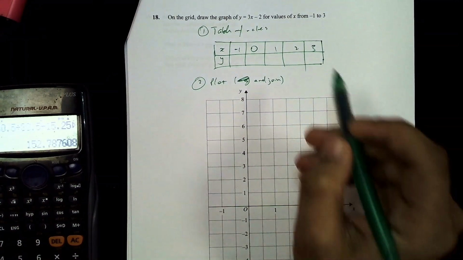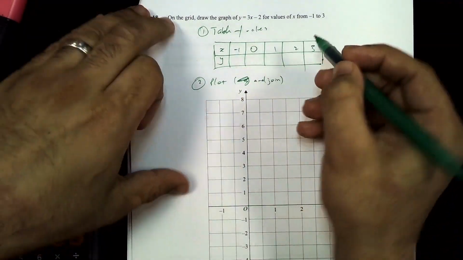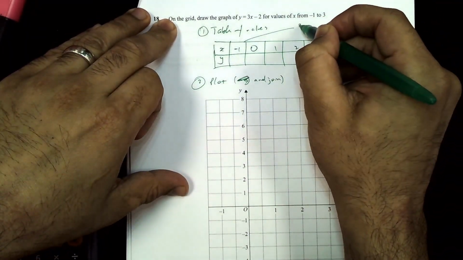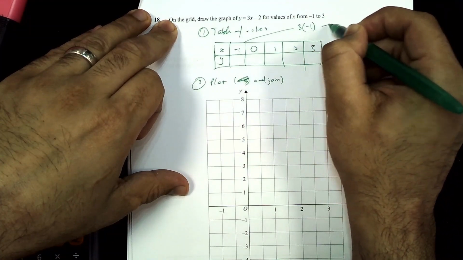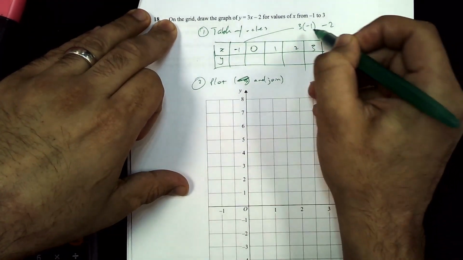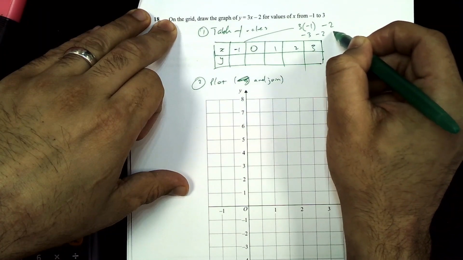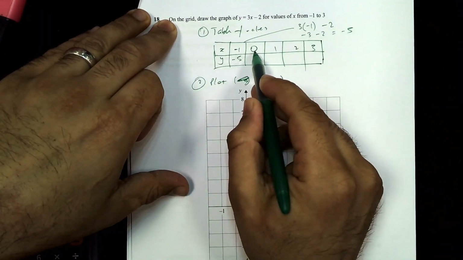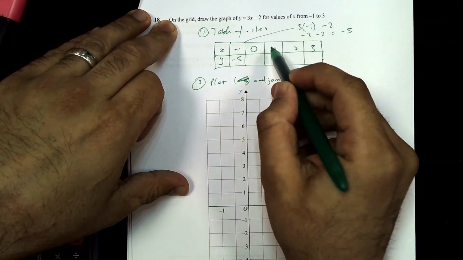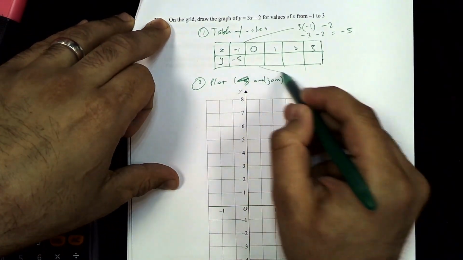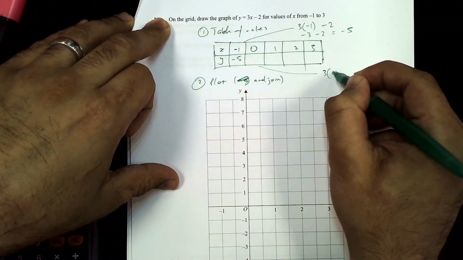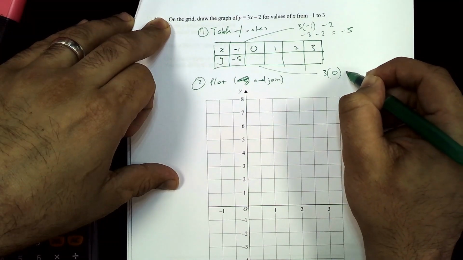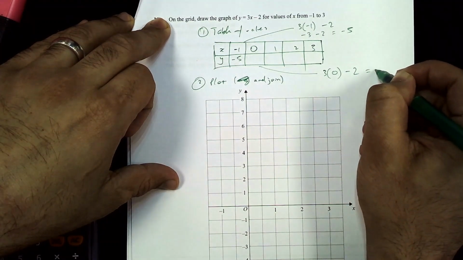Here we go then. If I substitute minus 1 into here, I'm doing 3 times minus 1, take away 2. 3 times minus 1 is minus 3, take away 2 is minus 5, so that's minus 5. Now I'm going to do 0, and I'll do that one down here. 3 times 0, which is 0, take away 2, which is minus 2.